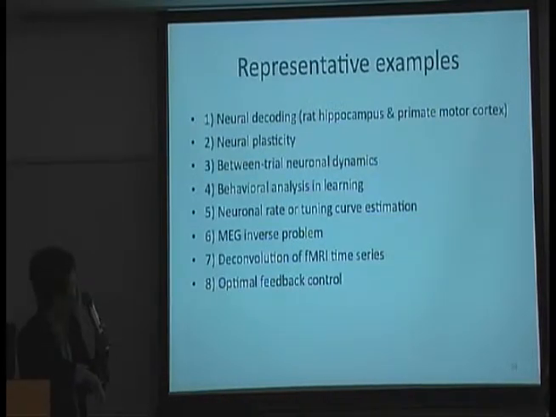So here I basically list 8 representative examples that come from the literature, mostly representative in terms of using state-space models for analysis. The first example is decoding. The second example is neuroplasticity in terms of receptive field, how the receptive field changes according to experience.